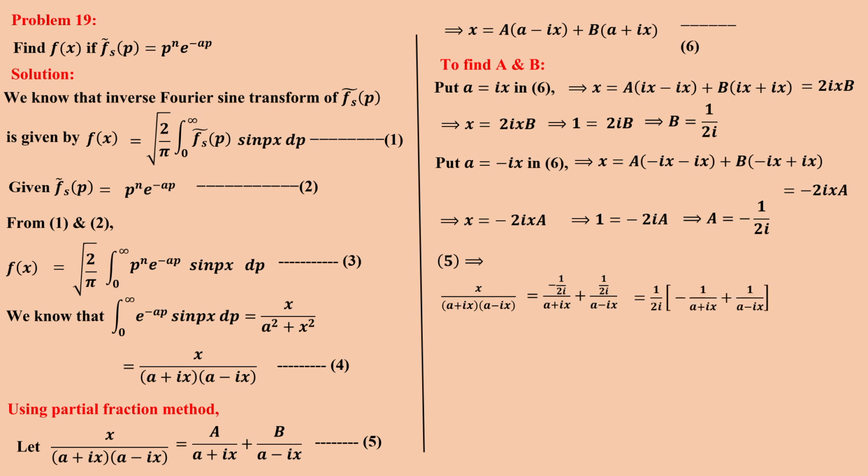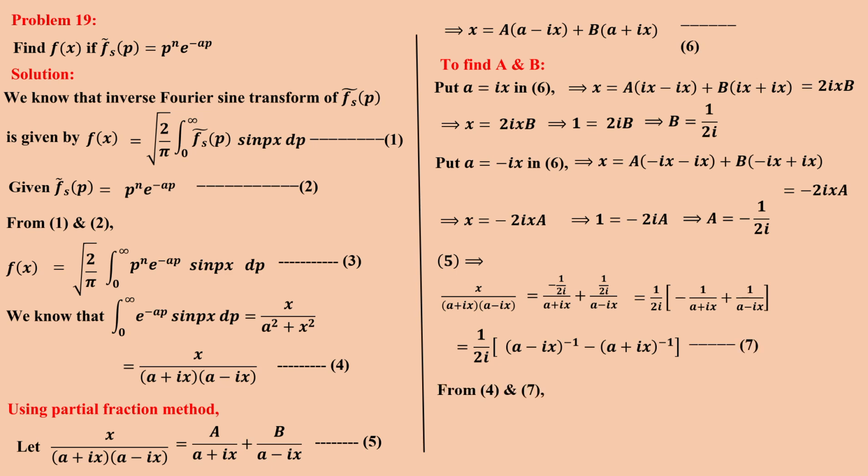So first term minus 1 by a plus ix plus 1 by a minus ix. The denominators can be written as a plus ix power minus 1 and a minus ix power minus 1. So 1 by 2i times a minus ix power minus 1 minus a plus ix power minus 1. This is equation number 7.